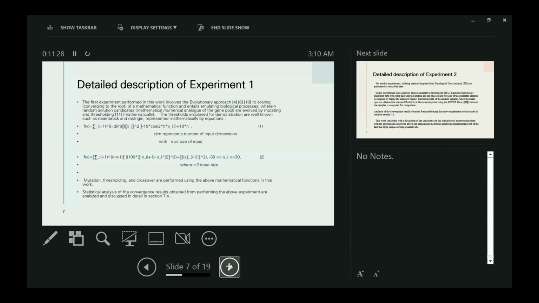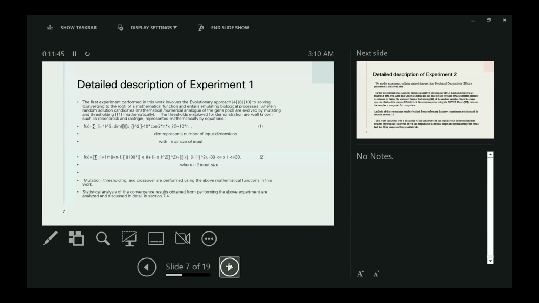What I mean by that is that a sample of random numbers is generated, again from within the generated input set. Three random candidates are picked up.